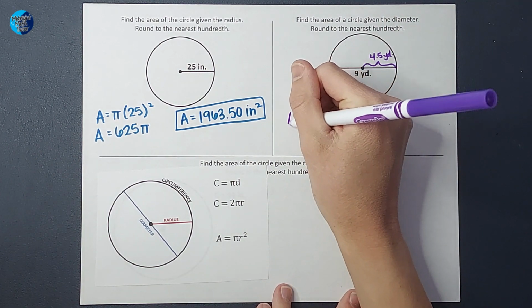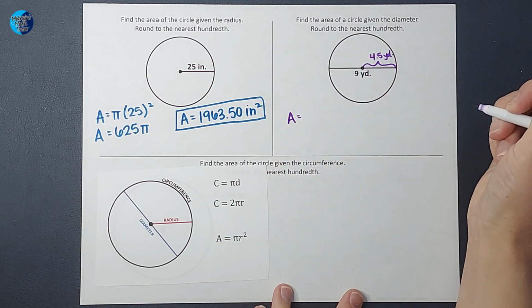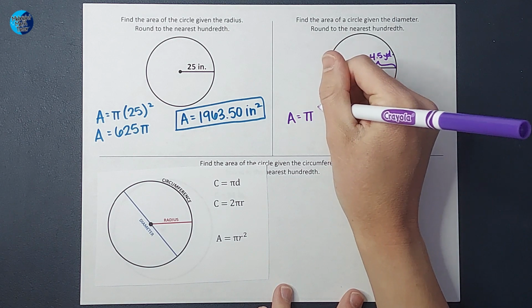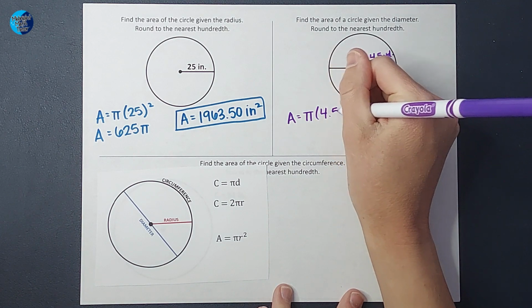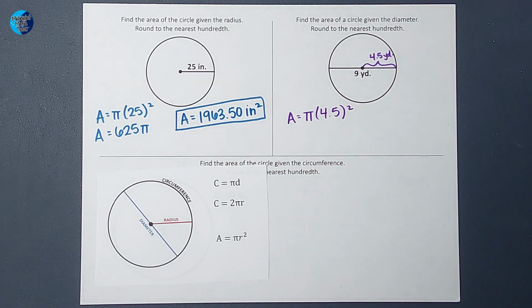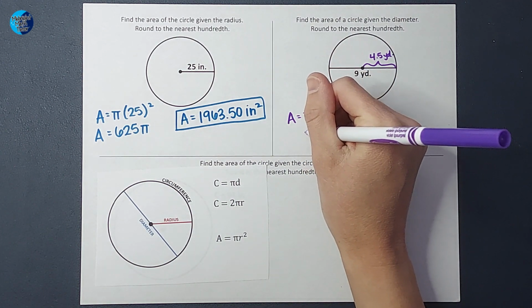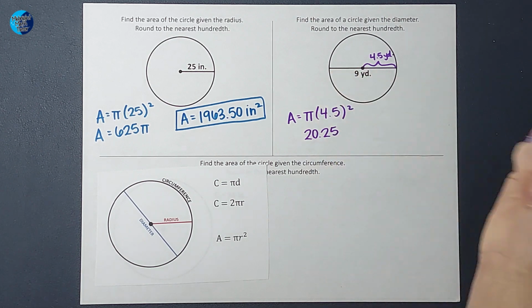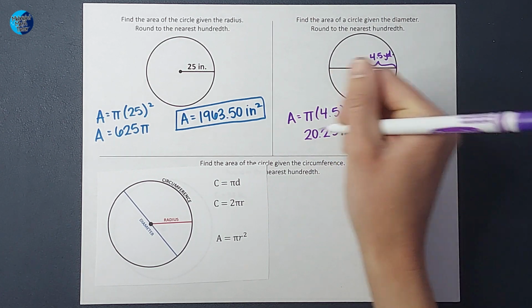Same thing, my area is equal to pi times my radius squared. Okay, 4.5 squared gives me 20.25. Okay, and we're still multiplying that by pi.